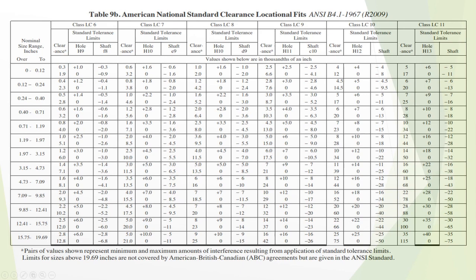And here you can see if the sizes are between these nominal ranges, then on the upper side the clearance is the allowance that we provide. This is the MMC of the hole minus the MMC of the shaft, and this lowest clearance is the LMC of the hole minus the LMC of the shaft. So this upper value we call allowance, and the downside value we call clearance.